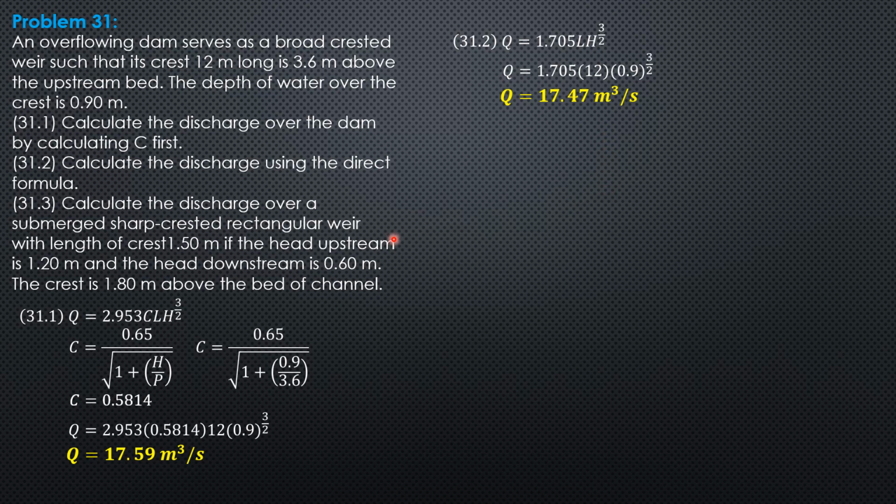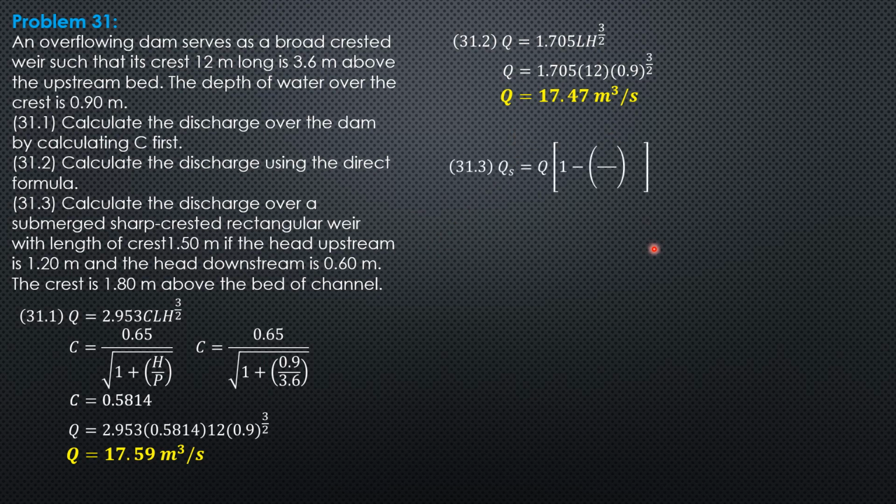Then for the third question, the discharge over a submerged sharp-crested rectangular weir, the formula for submerged discharge is Q sub S equals Q times the quantity 1 minus the quantity H2 over H1 raised to 1.5, and the entire quantity raised to 0.385.